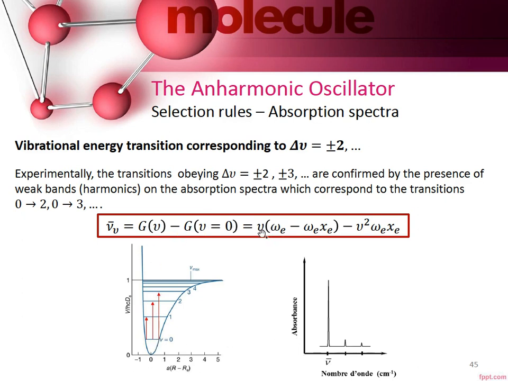So if I put 1 here, you will see that it's going to be equal to omega e minus 2 omega e x e.